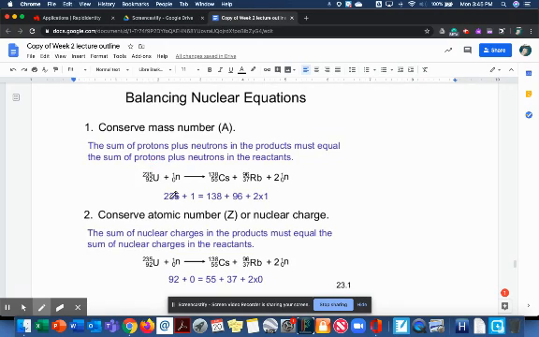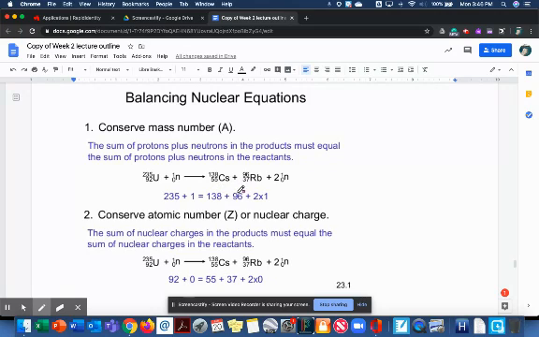So if we look at these examples, you'll notice that the atomic number is conserved, and the mass number is conserved, where mass number, remember, is the top number, and on the reactant side we have 235 plus 1, which gives us 236. And on the product side, we have 138 plus 96 plus 2 neutrons. So remember, that big number means there's 2 of these particles, which means there's 2 neutrons.